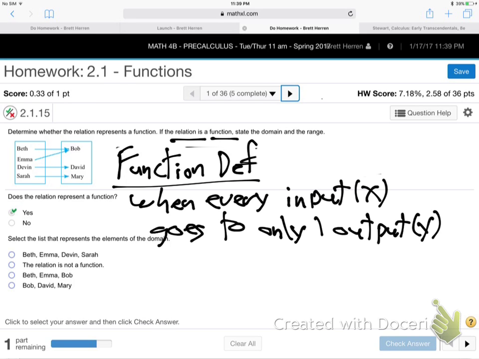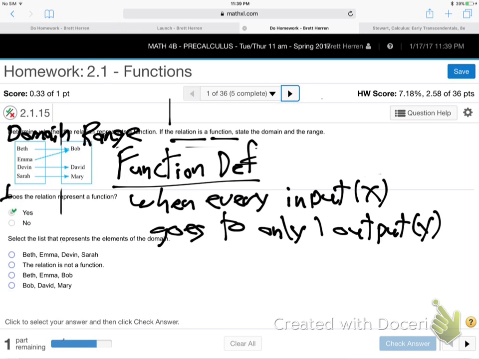So here, these are the inputs. This is called the domain up here. And this side is called the range.